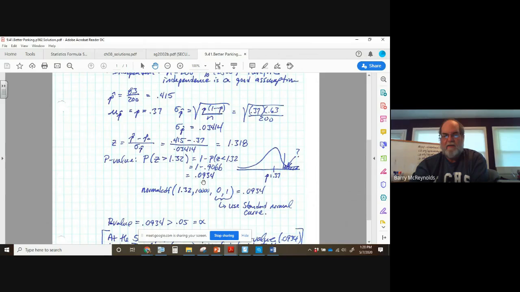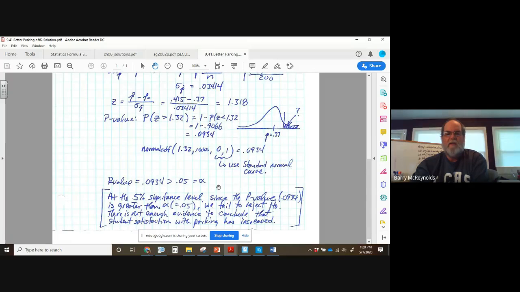If you take the z-score and go to table A, you're fine. But if you want to use the normal CDF, make sure you plug in 0 for the mean and 1 for the standard deviation. And then when you get your p-value, it turns out that table A and the calculator function give you exactly the same value to 3 decimal places.